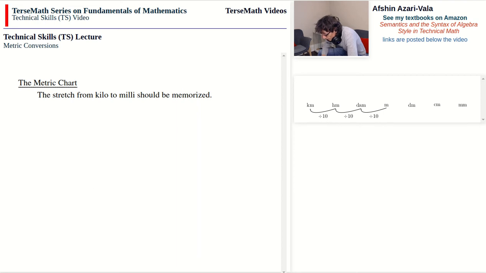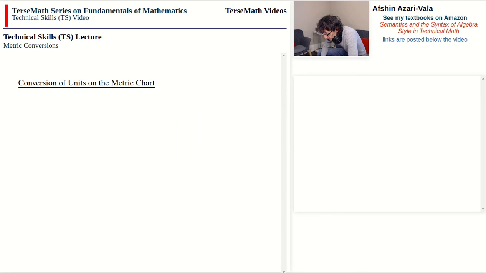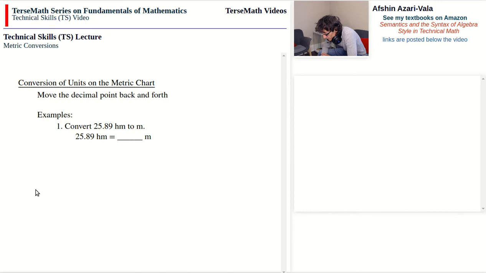Let's take a look at an example with an actual number. 25.89. I think I have it as one example over here. Yes, we want to convert 25.89 hectometers to meters. And basically then the question before us is 25.89 hectometers is equal to how many meters? And here we have our number 25.89.